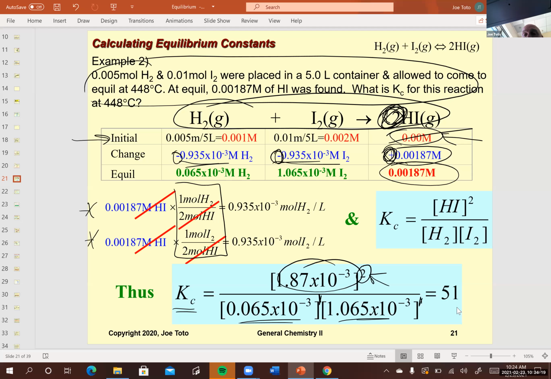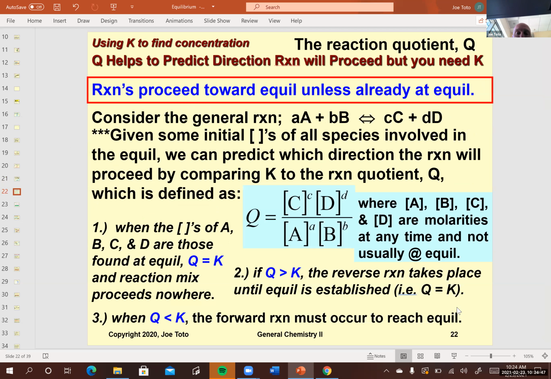So this isn't 0, this is some value. How am I going to decide where to put the negatives and where to put the positives in my change column? That's a problem. Well, the Q concept can help you figure out where the negatives go in that change row.